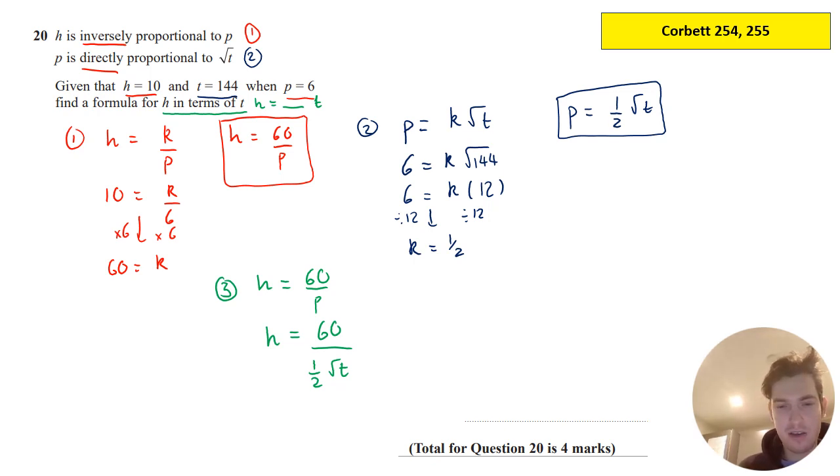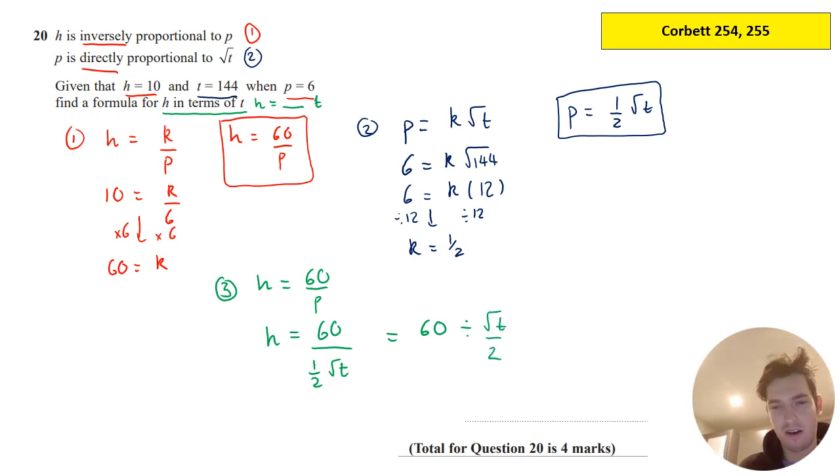Now, I could actually simplify this a little bit. If you wrote this on your answer line, you would get full marks. But let me just show you if they ask you to simplify this. So I can write 60 divided by a half root T, where a half root T is root T over 2.